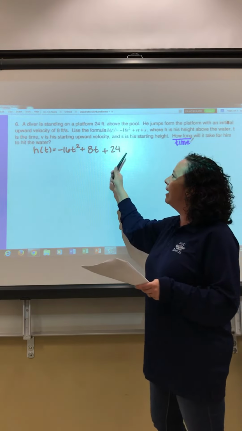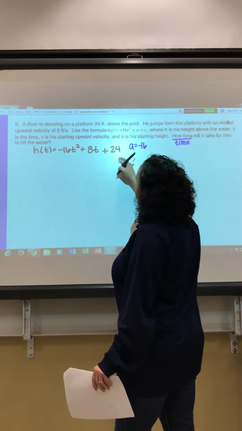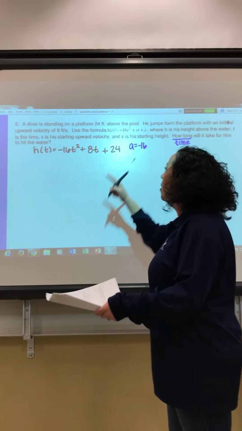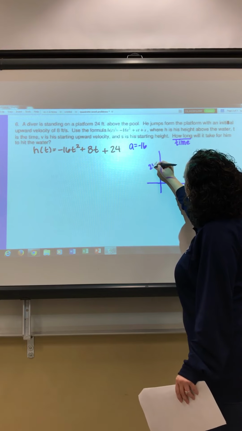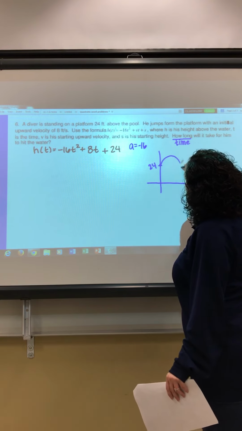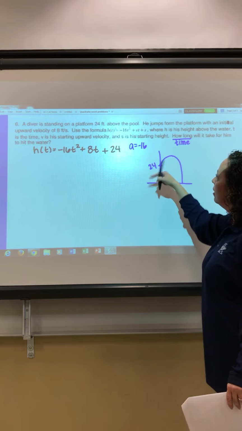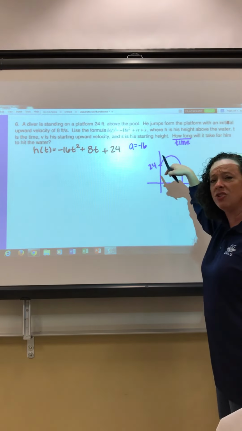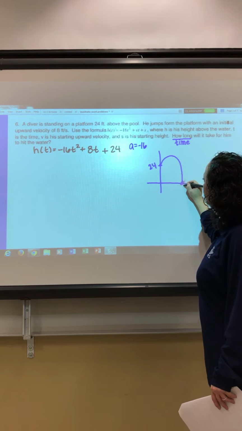So again, quadratic, what's A? A is negative 16. And since that's negative, it opens down. Its starting height is 24. So we're up here at 24 as a starting height, and it goes like this, okay? Now it wants to know how long it takes for him to actually hit the water. So he's jumping up, he's going down, and he hits the water right here.